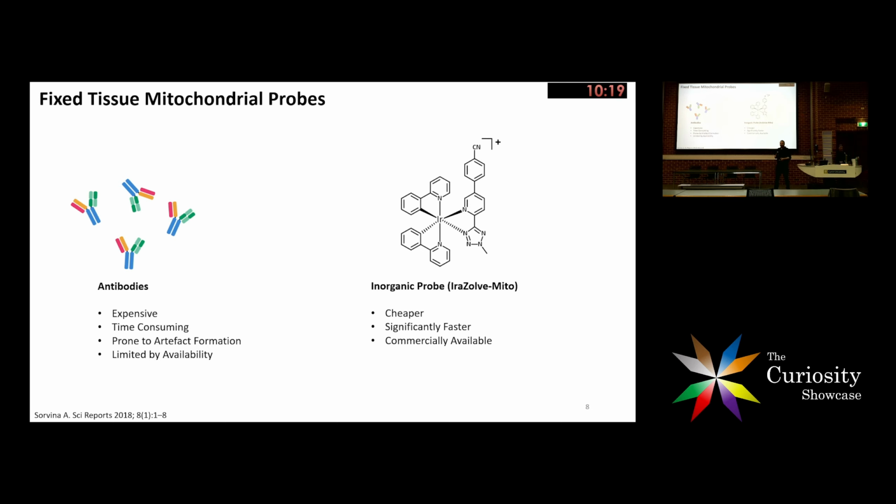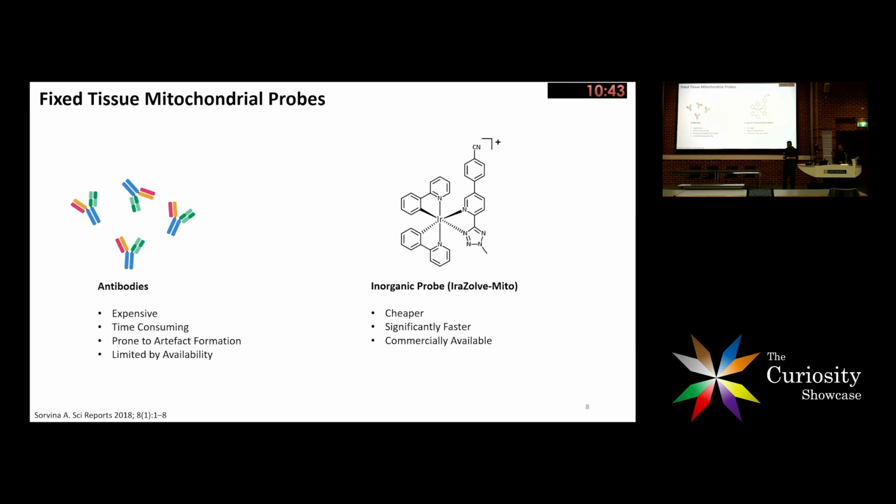And Irresolve Mito was found to stain in both live and fixed samples. So this compatibility with both live and fixed samples suggests that its method of localization is independent of the mitochondrial membrane potential.